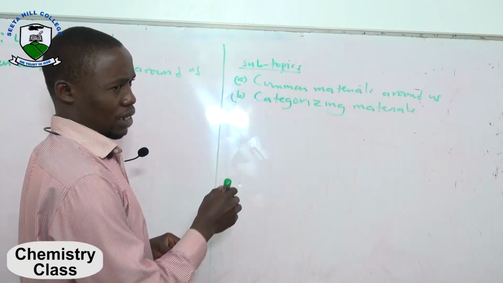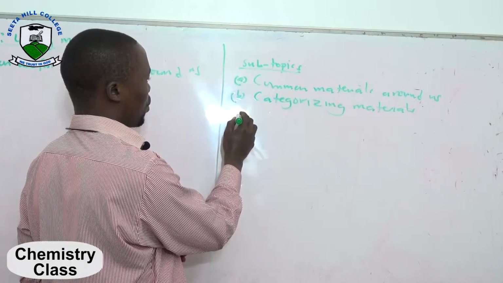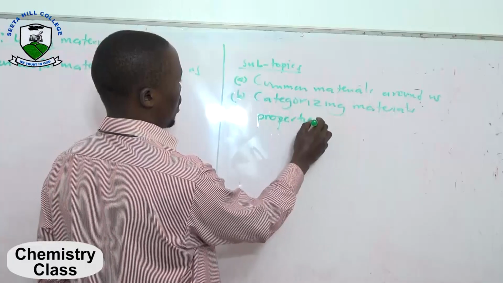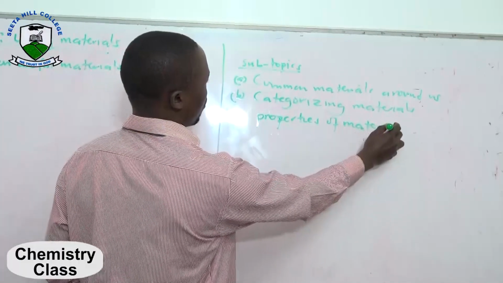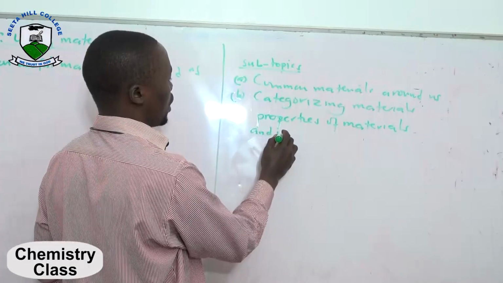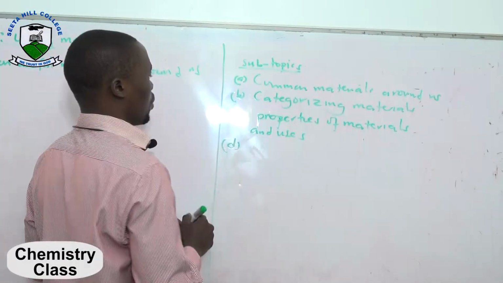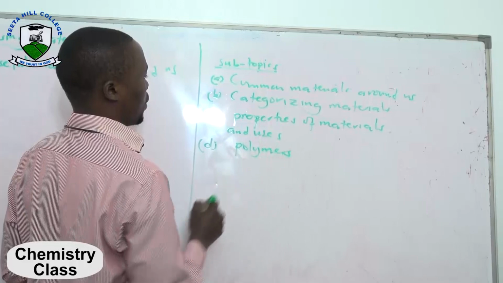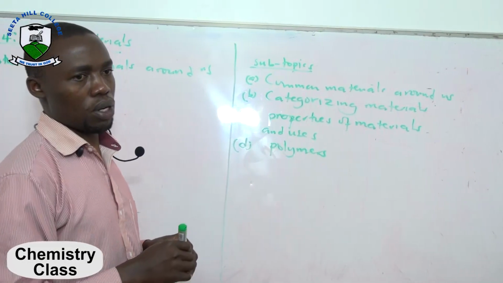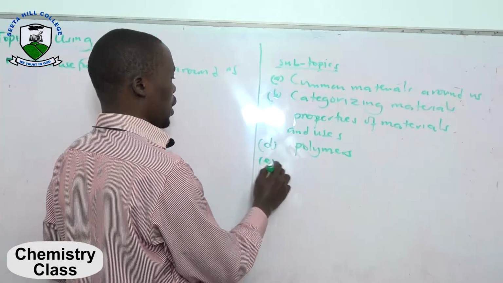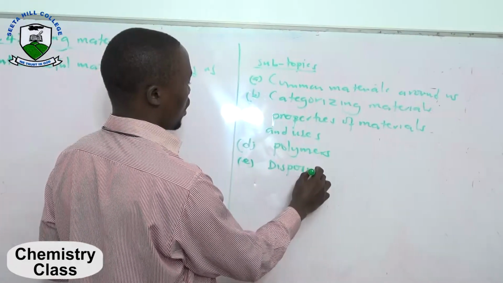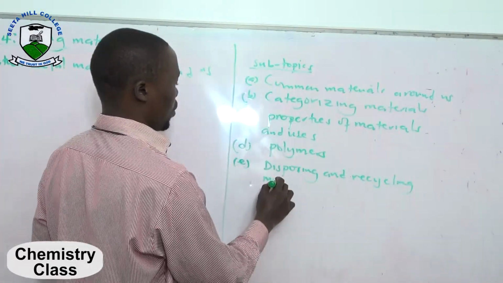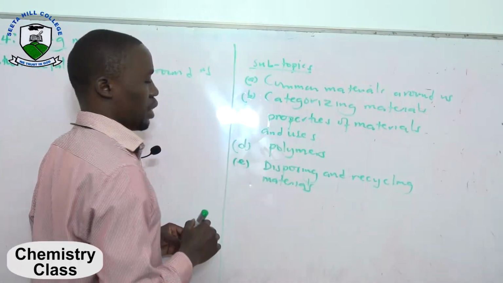Is it glass? Yeah, those are the categories. Then we are going to see properties of various materials. Properties of materials and their uses. Then we shall pick up what we call polymers. Then disposing and recycling materials. And that will be the end.